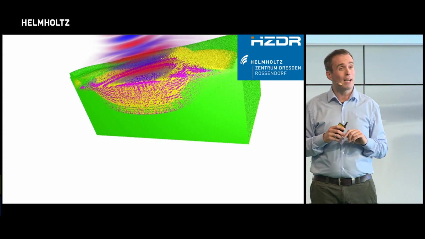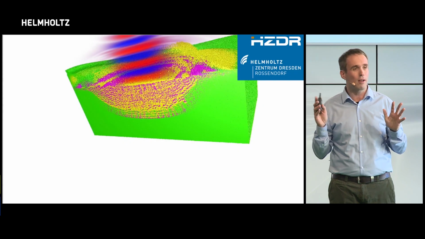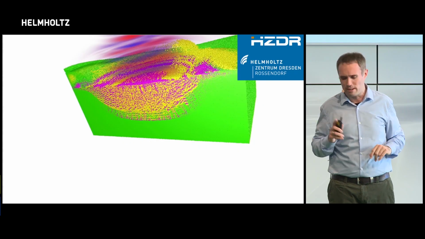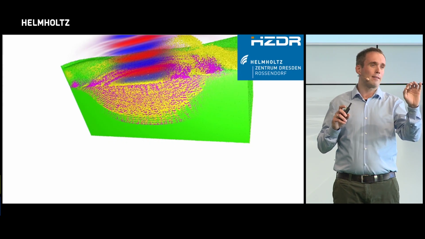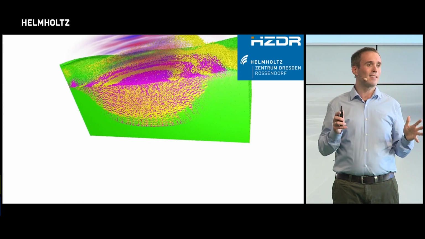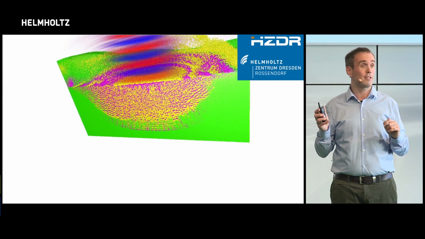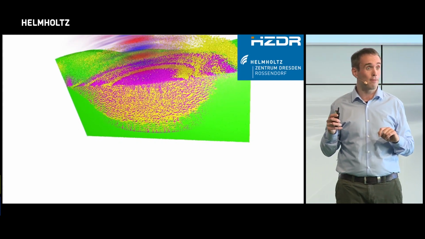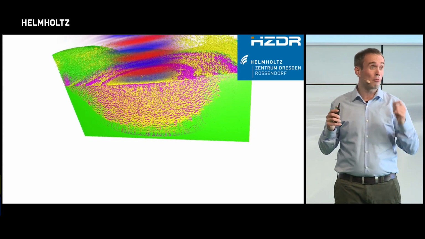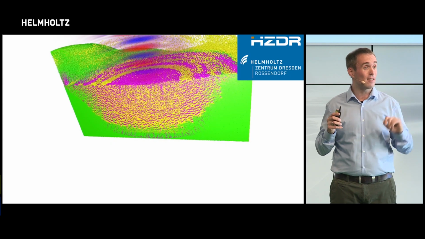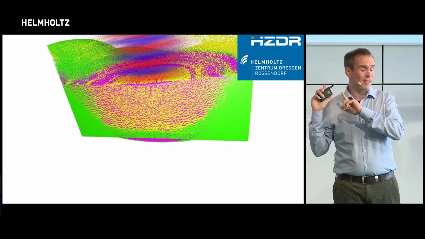This is a visualization of what we do in our simulations, and it might just look like this is a bit greasy or something. This is all the particles that are inside this foil. There's a saying that there are more stars in the heavens than grains of sand on the earth, but there are more atoms in a grain of sand than there are stars in the universe. So this is a lot of particles.